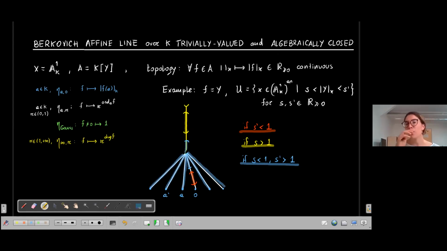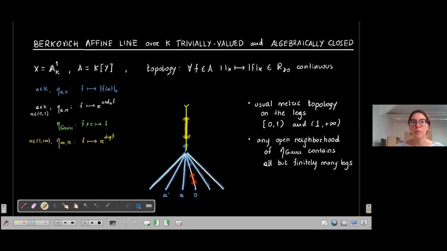What one can prove is that these opens that I just described, the ones we got when we studied the preimage of the intervals, are a pre-base for the Berkovich topology. So you just need to consider all the finite intersections to get a base for your topology. And this will also be part of the exercise: if we look at the legs, when we remove the Gauss point, then we have just the usual metric topology, the usual open intervals.